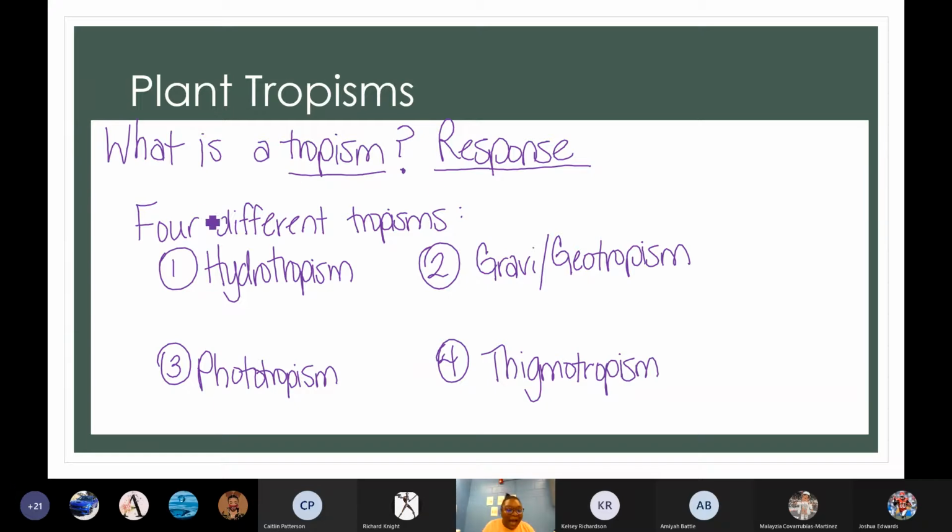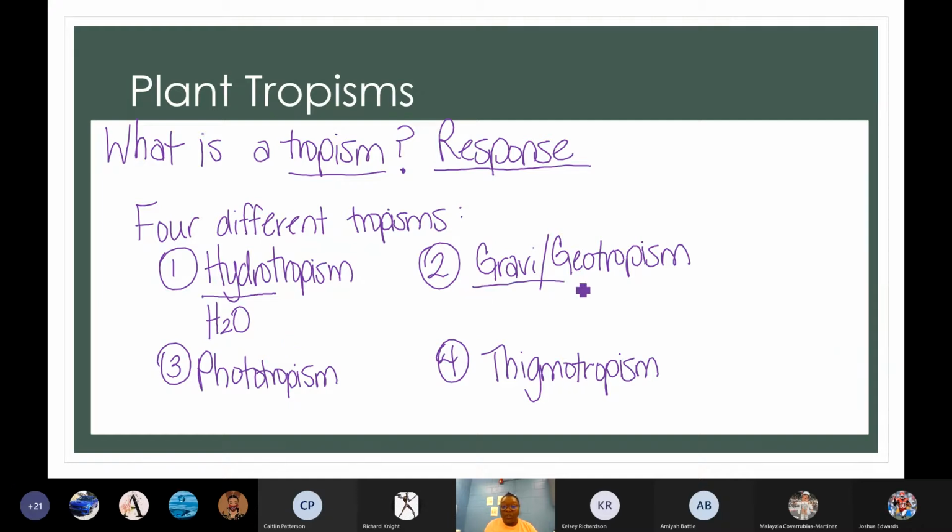When we look at hydrotropism, hydro is talking about water, and we just learned that tropism means response. So hydrotropism literally means how a plant responds to water. Let me say that again. Hydrotropism means a plant's response to water.